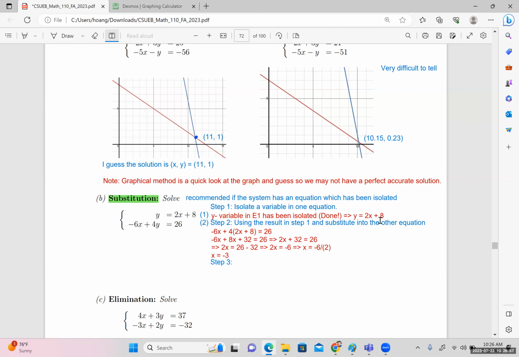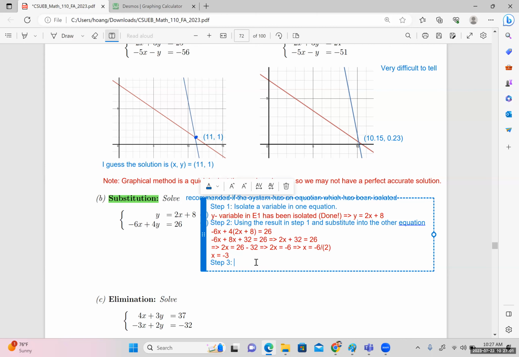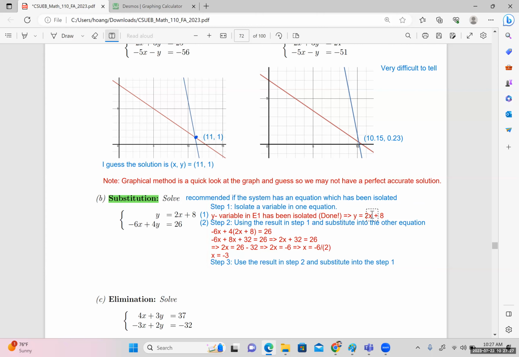Okay, so what is step 3? In step 3, I'm going to use the result in step 2 and substitute into step 1. In step 1, we have y equal to 2x plus 8.